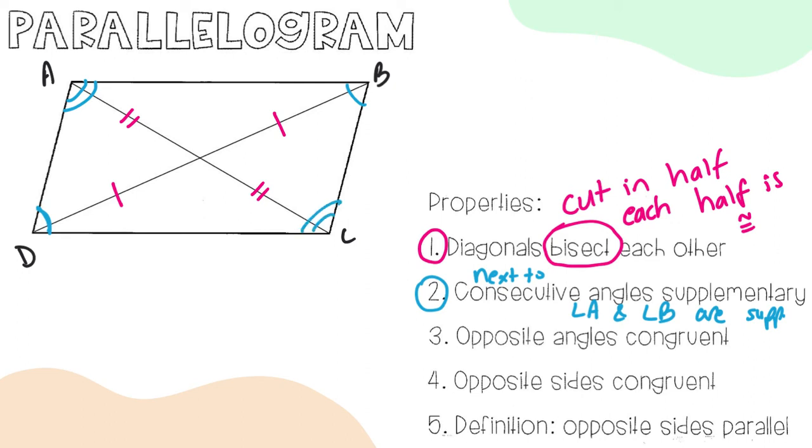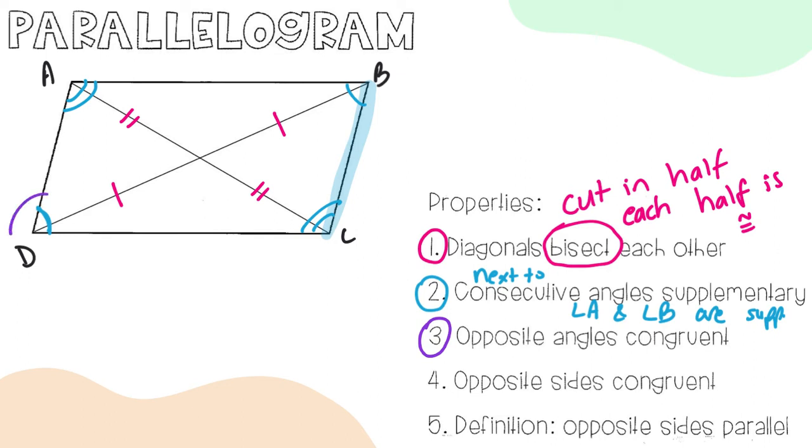So the way that I would typically show that is I would highlight that side so that you could see that very clearly, and imagine that those two are consecutive, or those two are next to each other, so they're supplementary. Opposite angles are congruent.